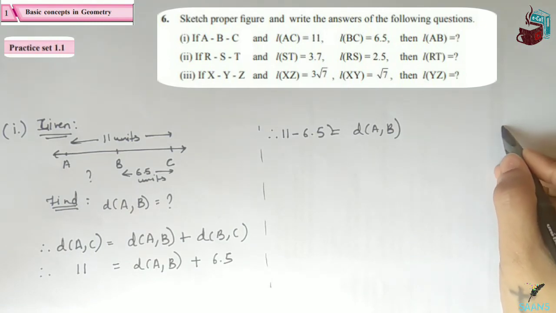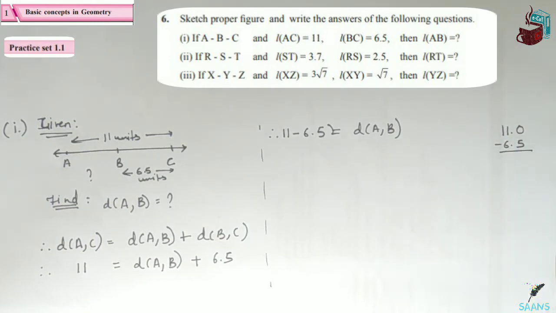Therefore, 11.0 minus 6.5. Count forward from 6: 6, 7, 8, 9, 10, 11. We already know it is 5, so 5 point comes. Now, one more thing you can do: it can also be done with normal borrowing.